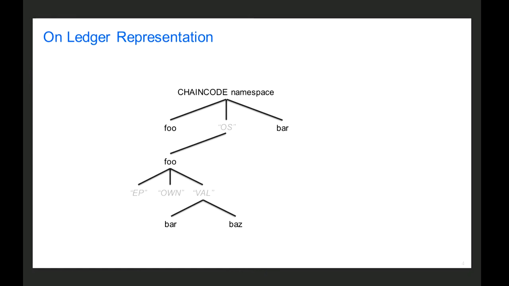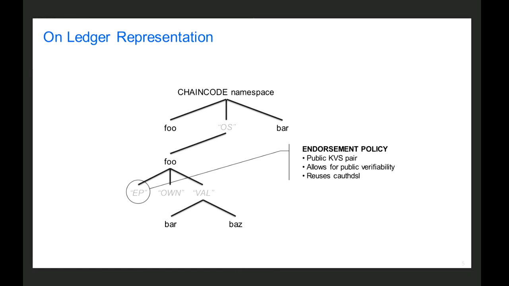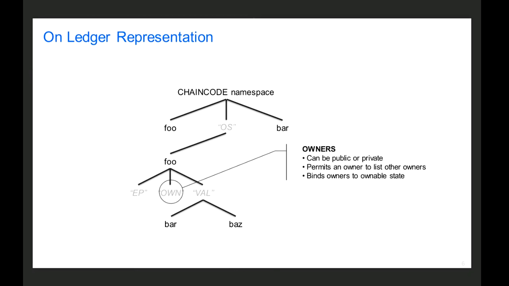That's on one hand the endorsement policy. This is a standard public key value store pair that allows for public verifiability. So Ownable State supports public verifiability and reuses the current COP domain-specific language that we use for endorsement policies already. Then the next field that we have are the owners.